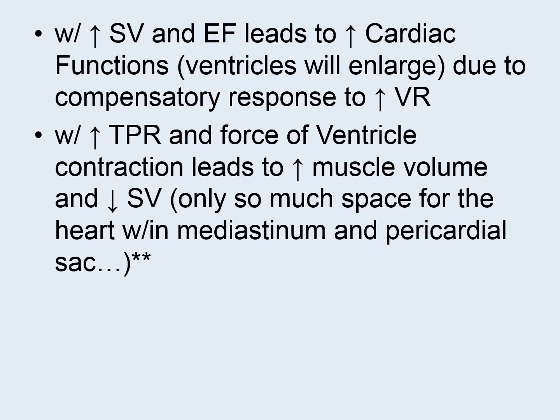However, if we get the increase in total peripheral resistance, we have to increase the force of ventricular contraction, particularly the active force, which is going to mean that we're going to need more muscle there. If we increase the amount of muscle because we only have so much space that the heart can take up, we automatically diminish stroke volume.